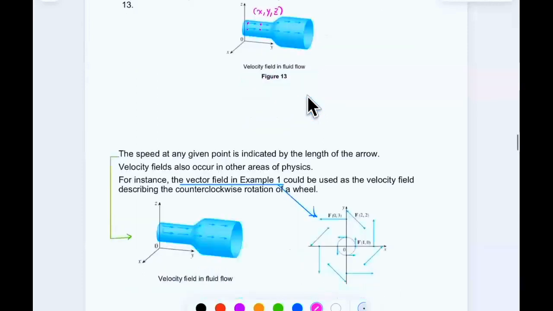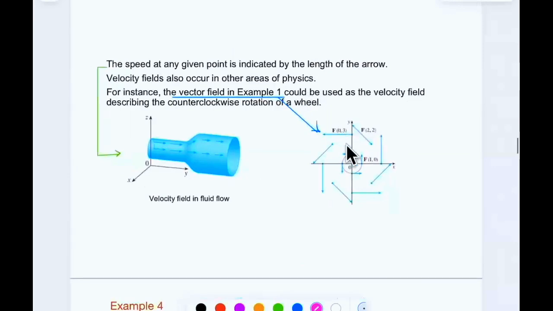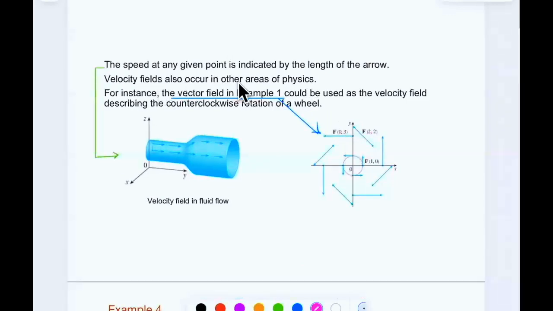Okay, so describing the counterclockwise direction, velocity also occurs in other areas of physics. Did you guys learn about the velocity field in physics? Remember in example 1, we have this velocity field like this, and this is another one.